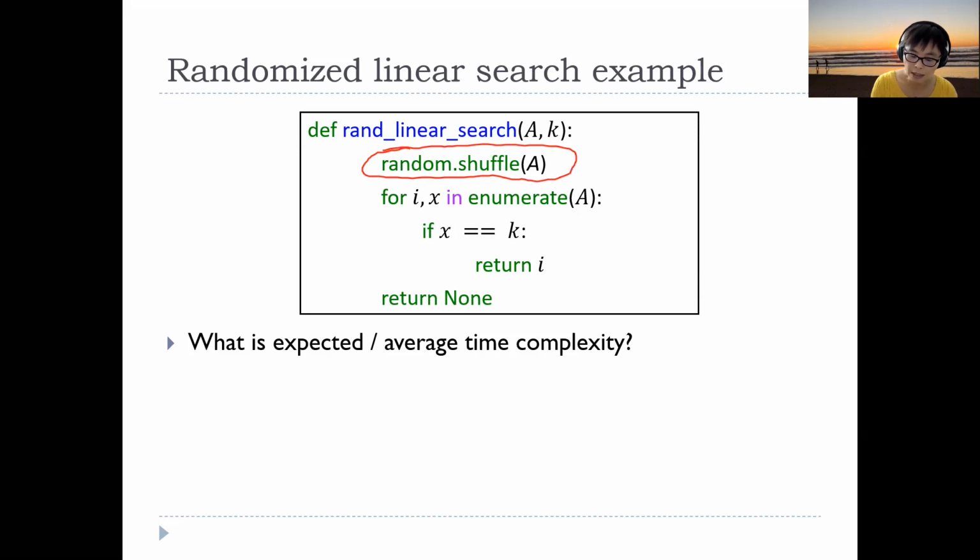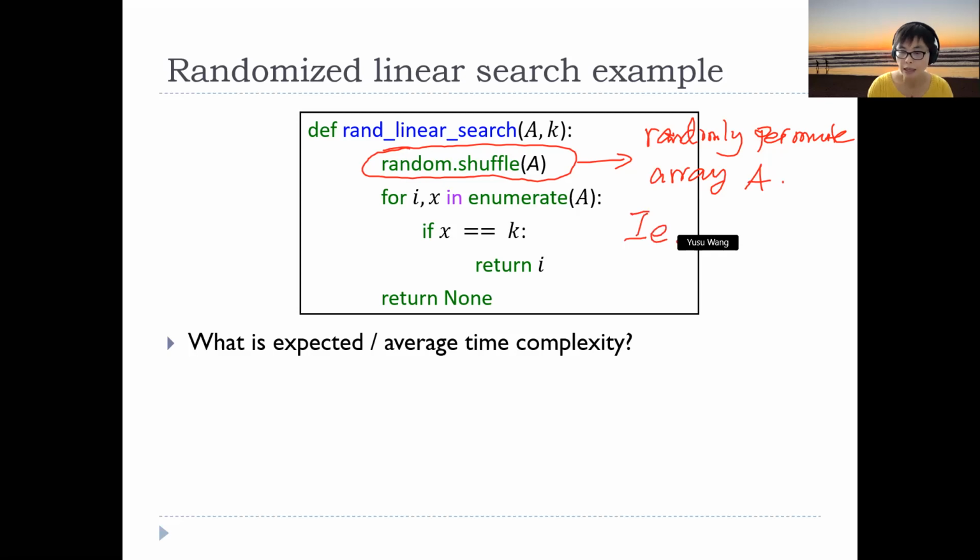What this function is doing is that it randomly permutes array A. In other words, after I do this, any permutation of all the numbers in A is equally likely.